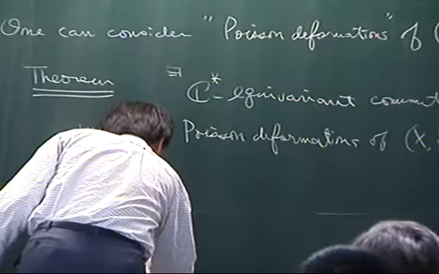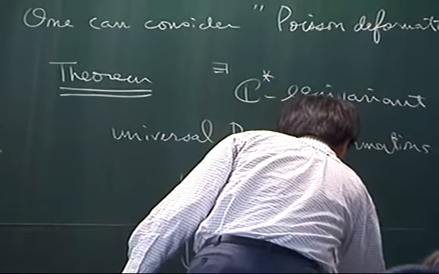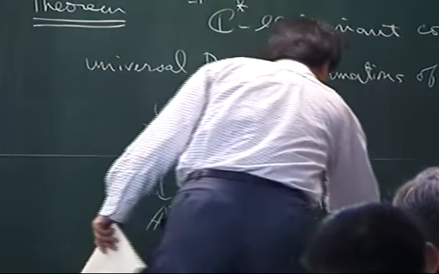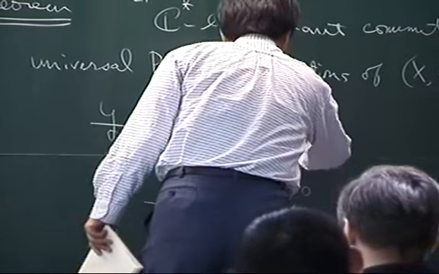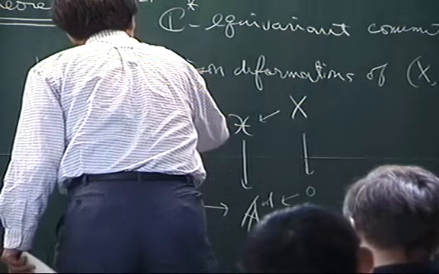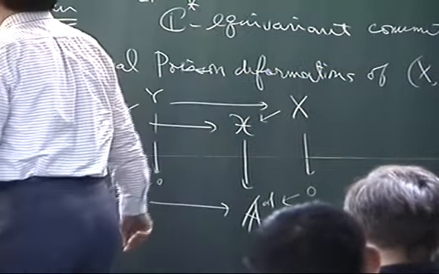Here you have X, and the central fiber is just X, and the central fiber here is just Y. And this is the original pi.